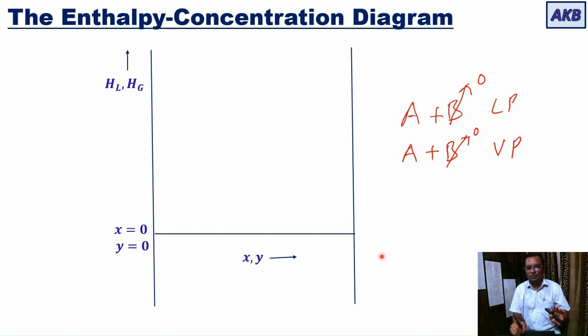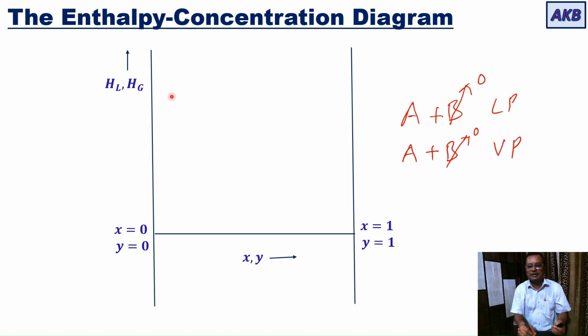To get the enthalpy concentration diagram, enthalpies are plotted on the y-axis and corresponding mole fractions are plotted on the x-axis. If you plot enthalpies of vapor phase versus Y, you get a curve. This is the Hg versus Y curve.